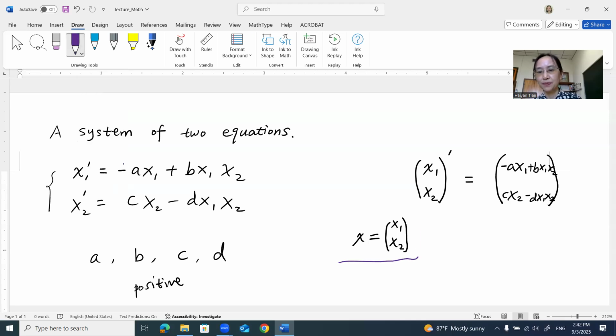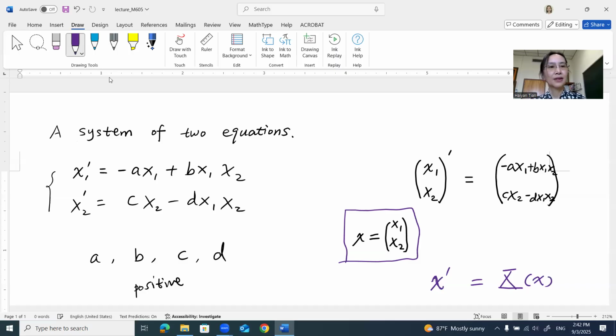With this notation, we can simply write the system as x prime. So this x is the vector, a vector valued function. Its derivative is equal to some vector, right? Some vector that depends on x. See, I can put capital X.